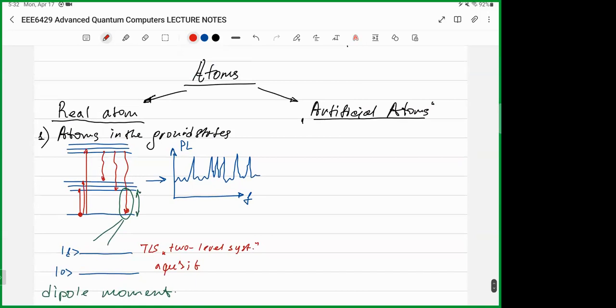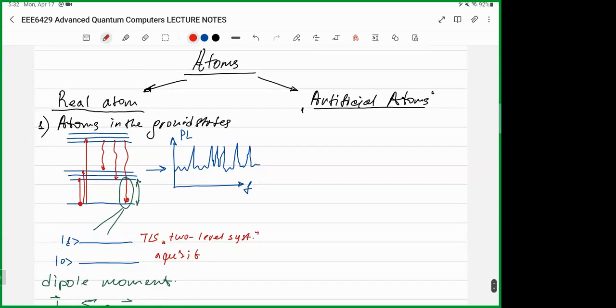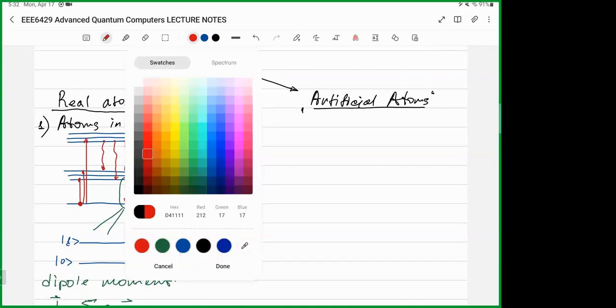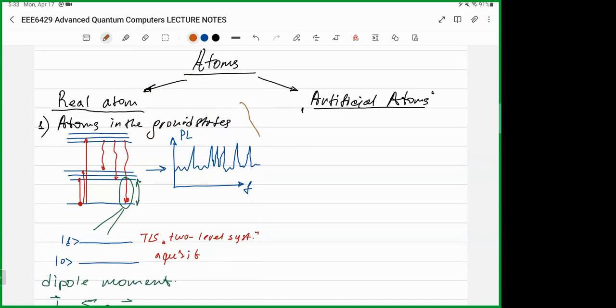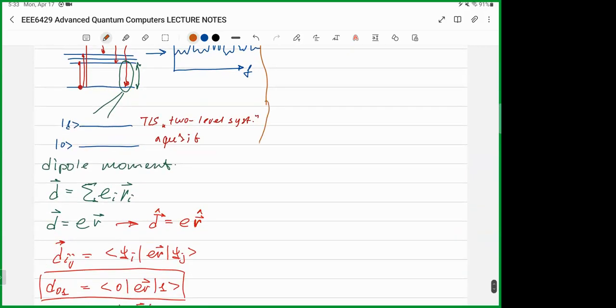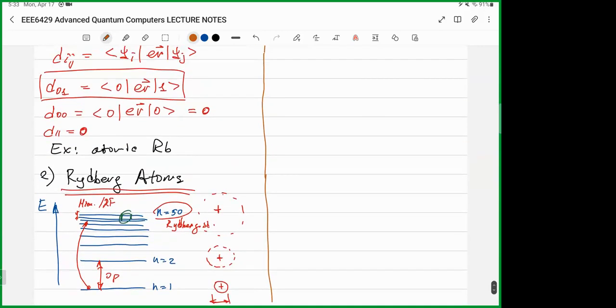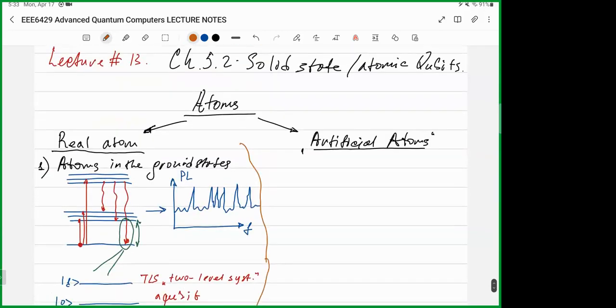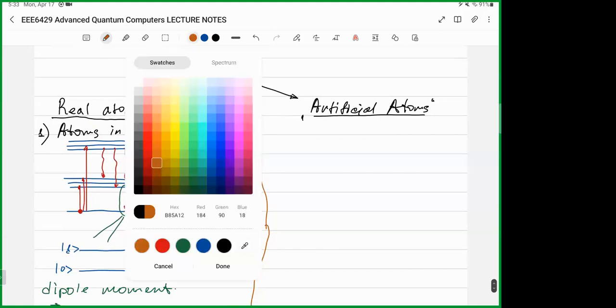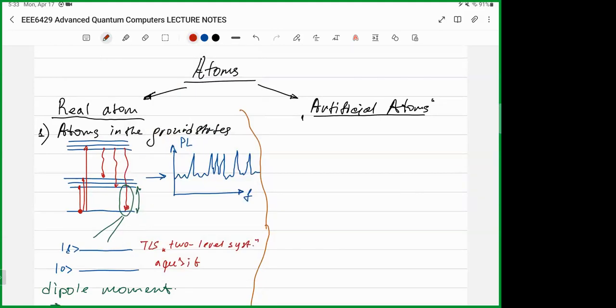So at this point, let us change gear and go to artificial atoms. So let me draw a separation line here. Right, artificial atoms. As I said, artificial atoms are physical systems.